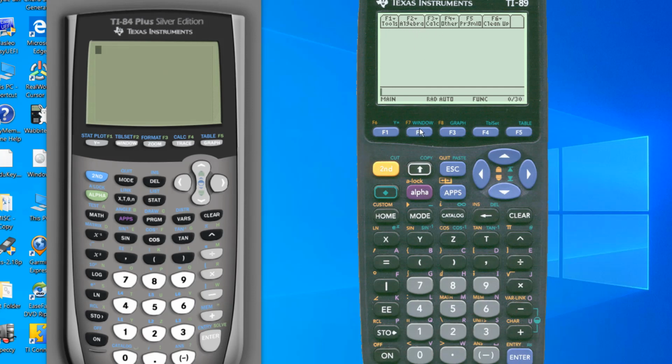We're doing algebra, hit F2, and let's say we want to factor. So hit 2, and let's enter x squared minus x minus 6, close parentheses, hit enter. Okay, so this gives you symbolic answers. That's basically the difference between the two calculators.